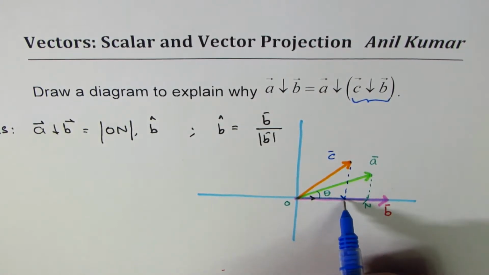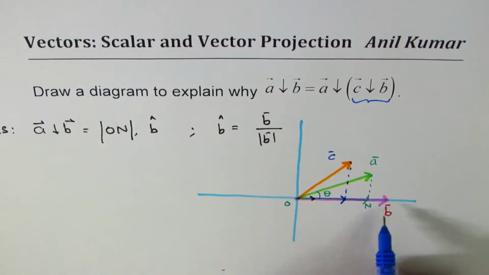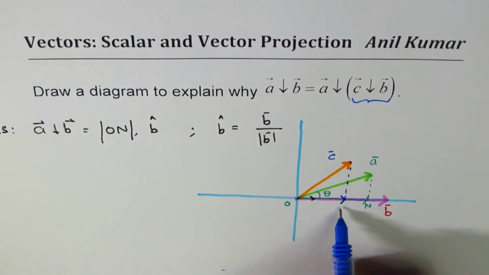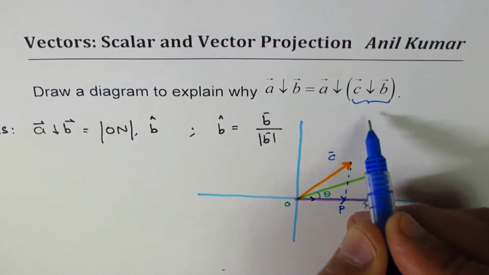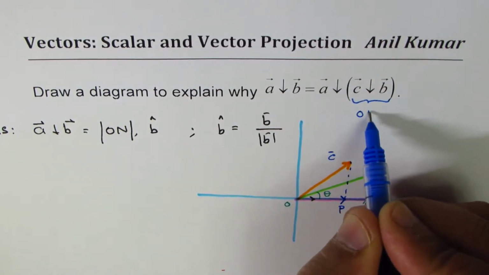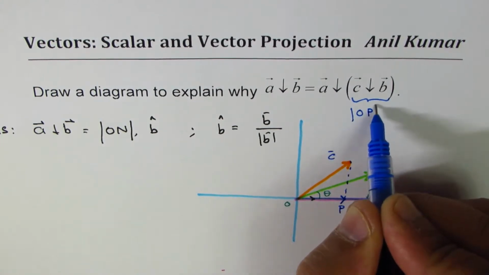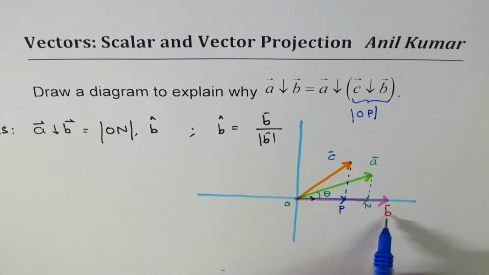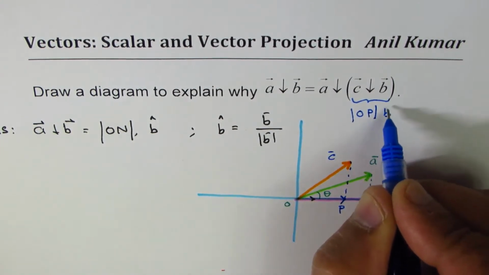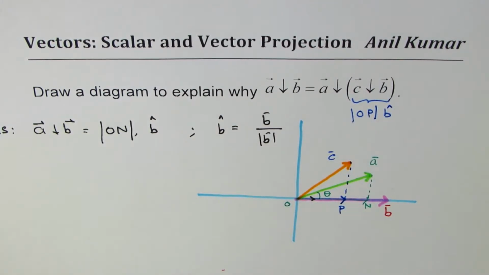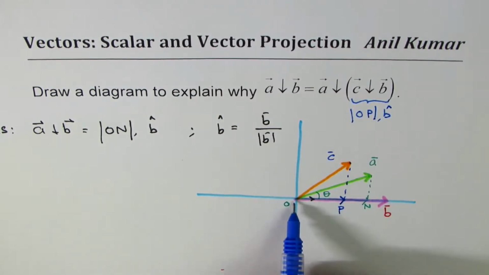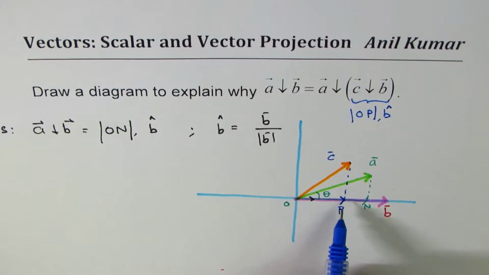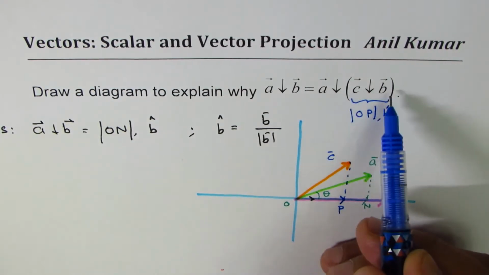That is the projection of C on vector B, correct? Let me call this OP. So this is OP, and that's the magnitude, and the direction will be in the direction of B. So let me write unit vector B here. That is the direction of the vector OP, which is the projection of C on B.